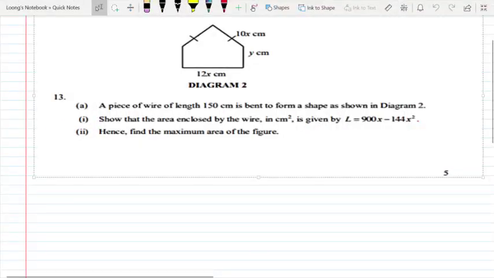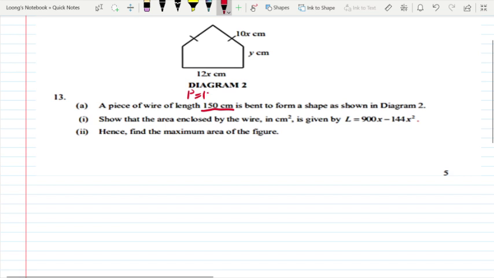Now we'll continue with question 13. Question 13 is quite similar to the previous question 12. Here it says that there is a 150 cm piece of wire bent to form a shape, which means that the perimeter is equal to 150 cm.